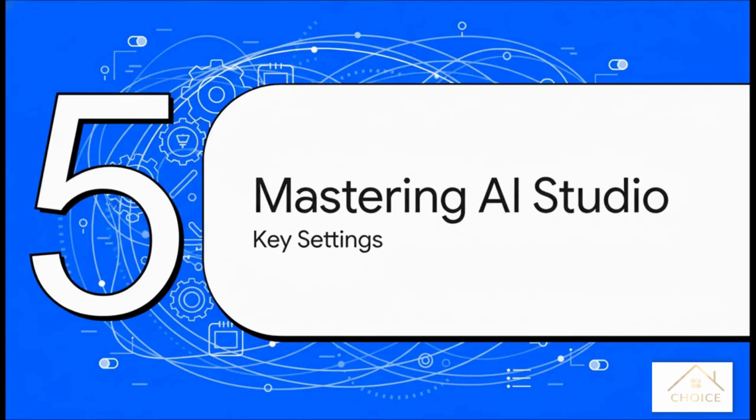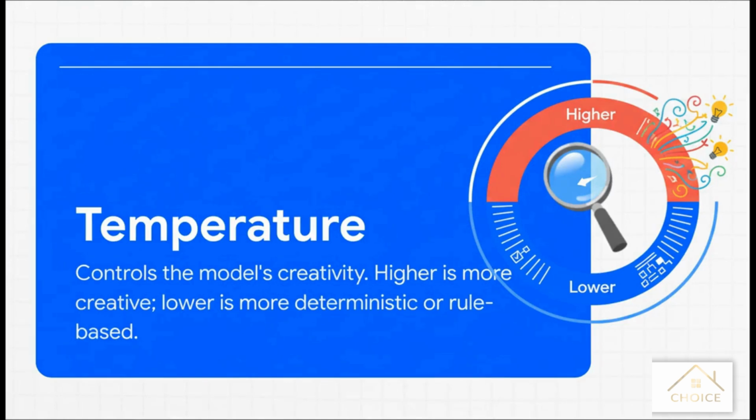Now that you're familiar with the core modes, let's quickly look at two key settings that show up all over the platform. Mastering these will give you really precise control over the AI's output. The first setting is temperature. The easiest way to think of it is as a creativity dial. If you want the AI to brainstorm and come up with new ideas, you turn the temperature up.